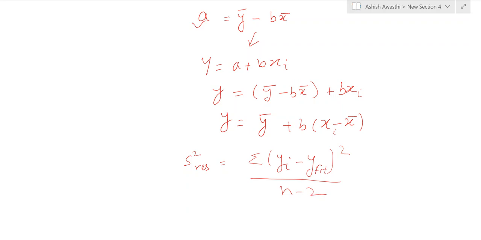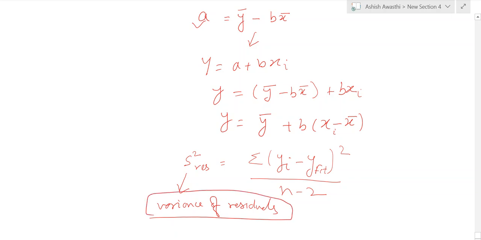This s square of residuals is called the variance of residuals, and the least square method tries to minimize the residuals as well as the variance of residuals.